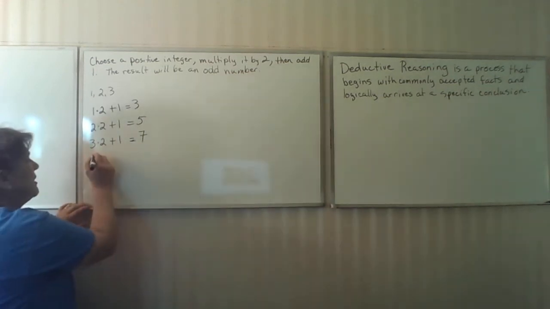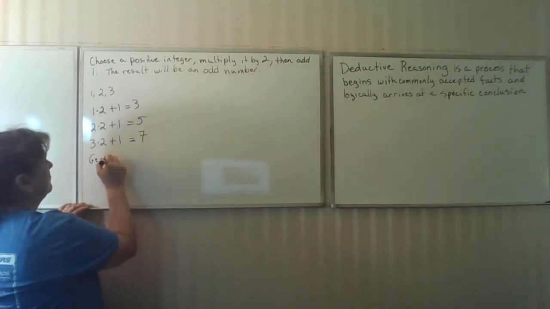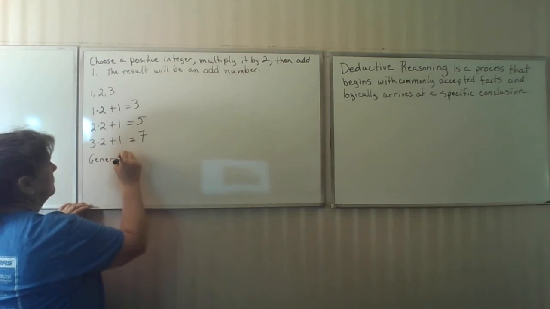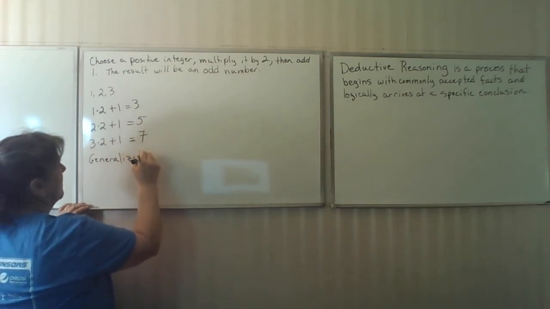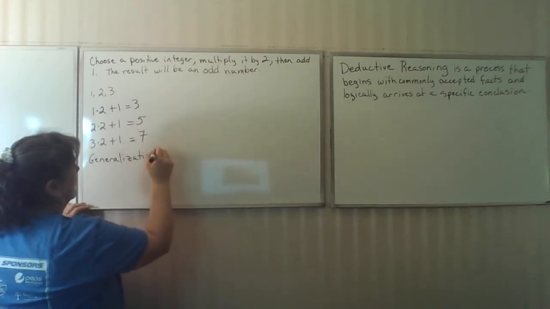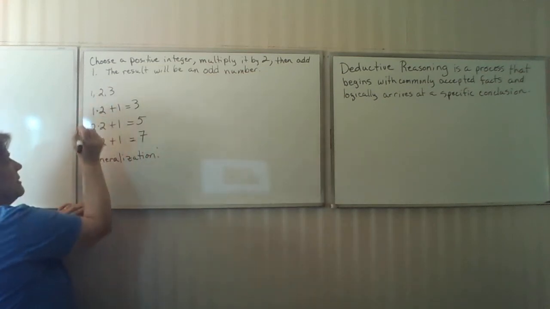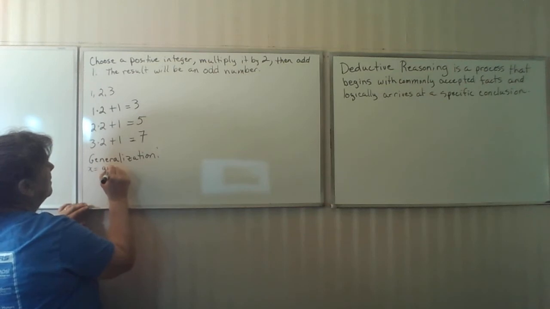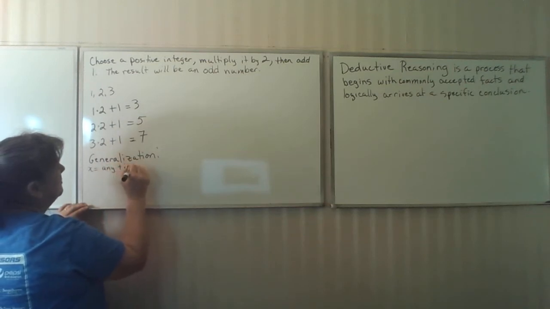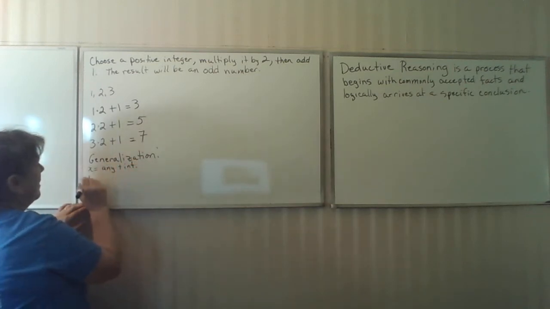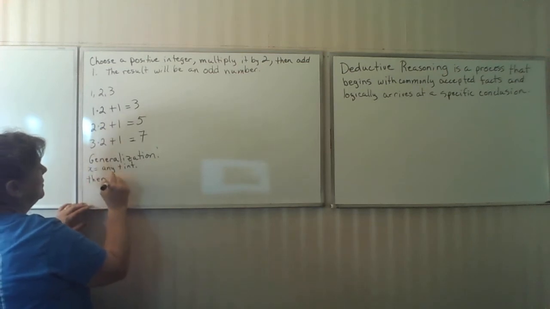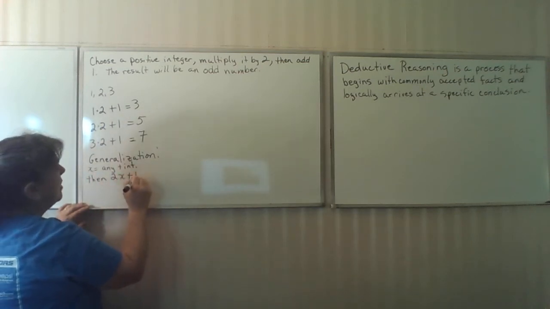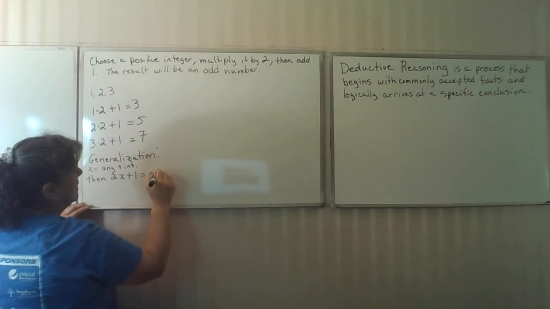So my generalization is, if I let x equal any integer, any positive integer, then 2x plus 1 equals an odd number.